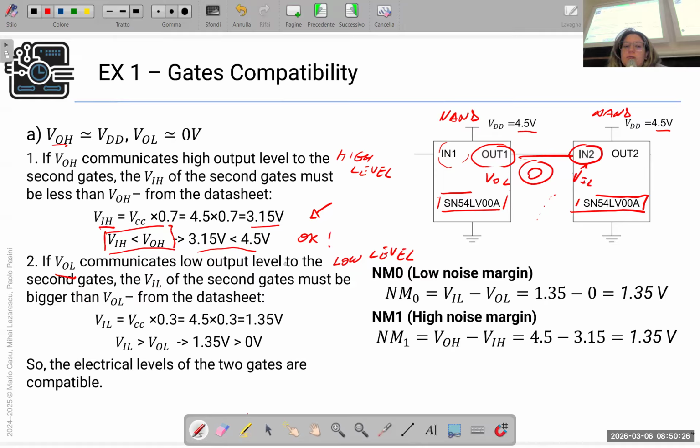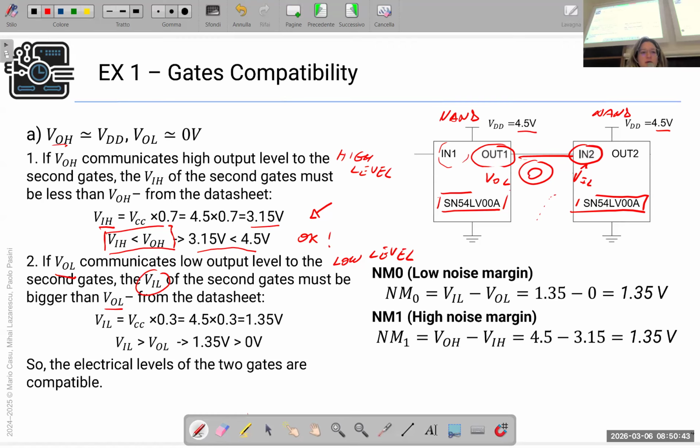So the VIL of the second gate must be bigger than VOL. And even in this case, VIL is retrieved from the datasheet.